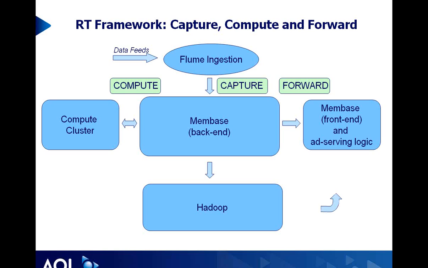You still keep Hadoop in the loop because you want to do some batch processing on the larger data sets and provide more accurate targeting to your ad serving logic. So, for example, results of computations in Membase can be flushed out to Hadoop and aggregated with the existing results and passed on to the ad serving logic on the front end, typically for longer term and larger data volumes.